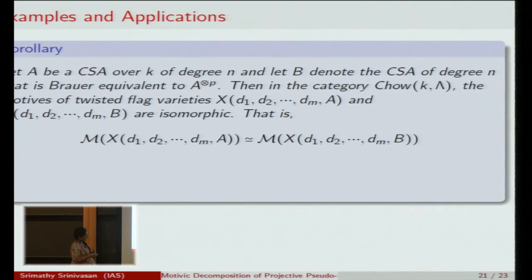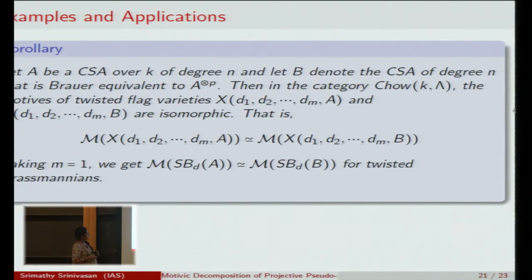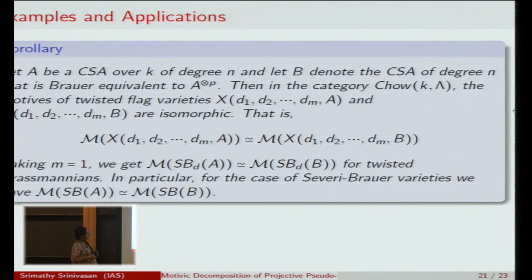So these two motives are isomorphic. When you take m equals 1, you get twisted Grassmannians. This is the twisted Grassmannian for A, and this is the twisted Grassmannian for B. These motives are isomorphic. And when you take d equals 1, you get the motive of Severi-Brauer for A as isomorphic to the motive of Severi-Brauer for B.